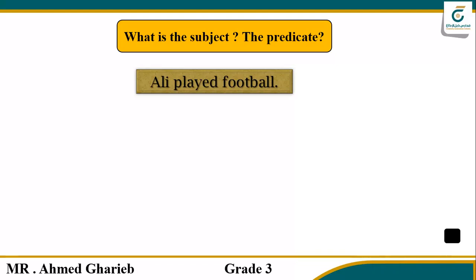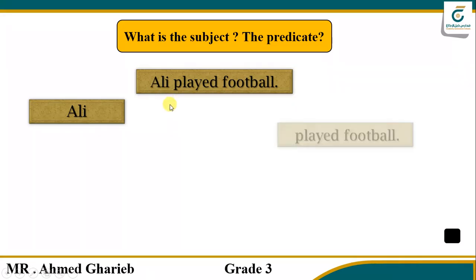Okay? So where is the subject in this sentence? Tell me. Of course, it's Ali. Because the sentence is talking about Ali. Ali is the person the sentence is talking about. And what is the predicate? Played football. Why? Because it tells us what the subject is doing.